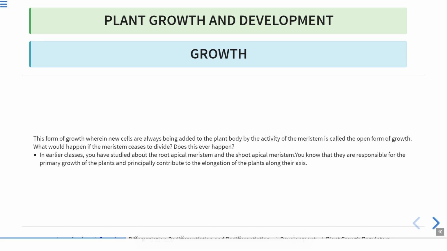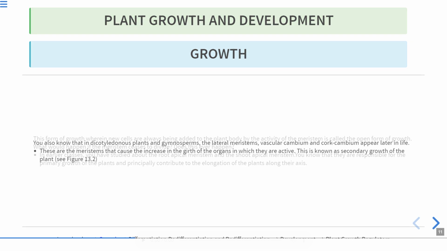Similarly, you can see in the case of the shoot system also. There is an apical meristem at the shoot apex, and it divides and redivides, and the plant is growing along its axis, right? Such things you see in the case of plants, and that is very unique.